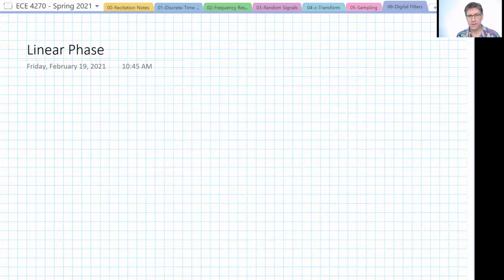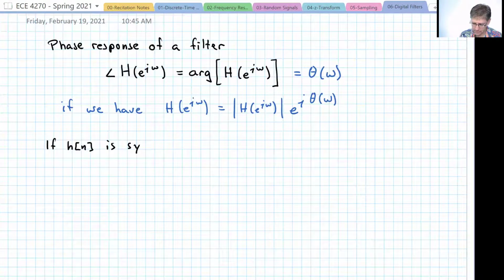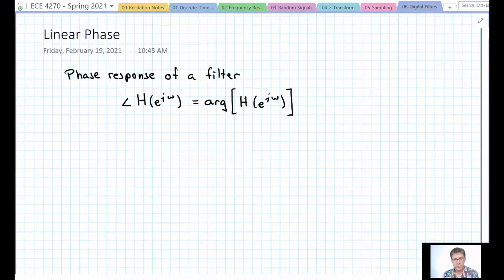The first thing I want to talk about is linear phase. So the phase response of a filter is given as follows. This is read as the angle or the argument or the phase of a filter H(e^jω).